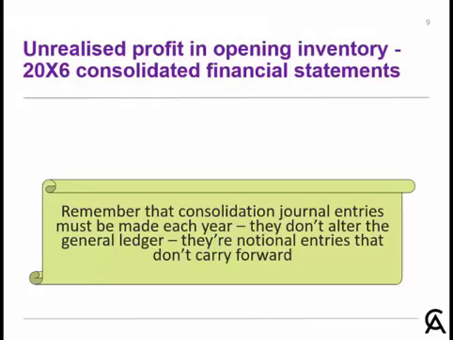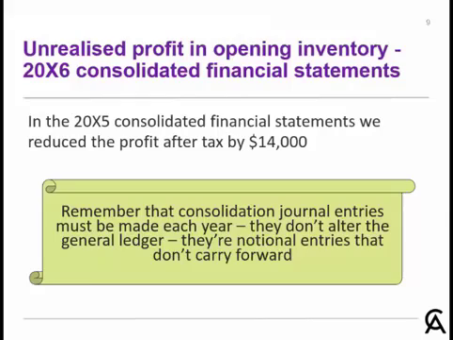So the fact that we made some entries back in the X5 year on consolidation, they're not going to carry through. So we need to make some adjustments in X6 because we've now got unrealised profit in our opening inventory that we have to deal with when we're doing the year ended 30 June 20X6 consolidated financial statements.